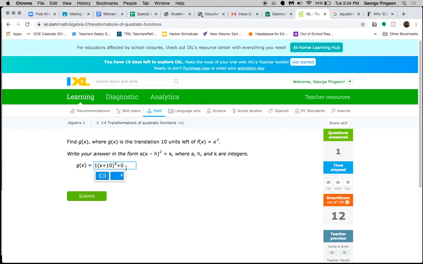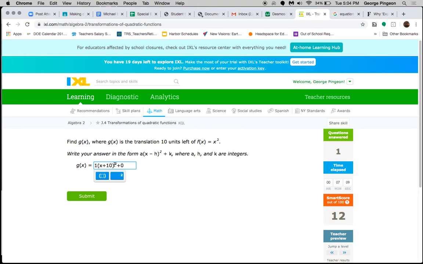So what I want to point out here is that this is a little counterintuitive. The k part is intuitive because usually you think of a positive number as going up and a negative number as going down. With the h, you'd think of a negative number as going left and a positive number as going right. But because this is a minus here, at the end of the day, when you're doing x plus something, that means you're moving the function to the left.